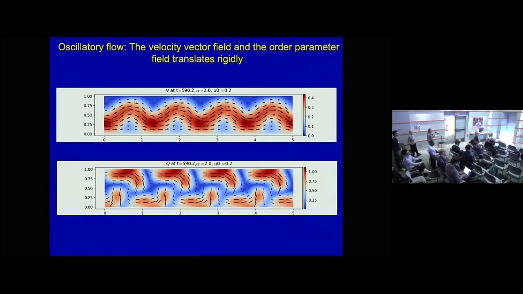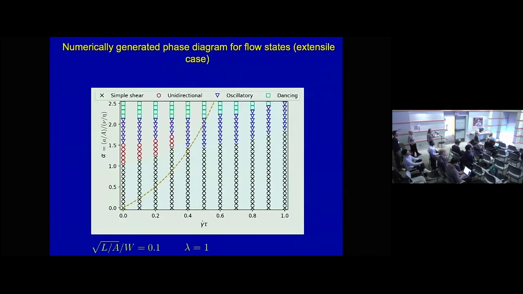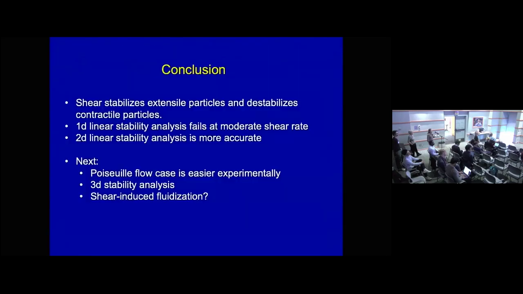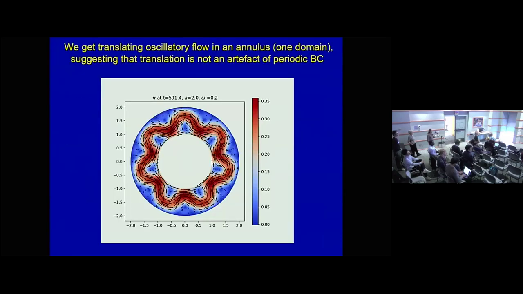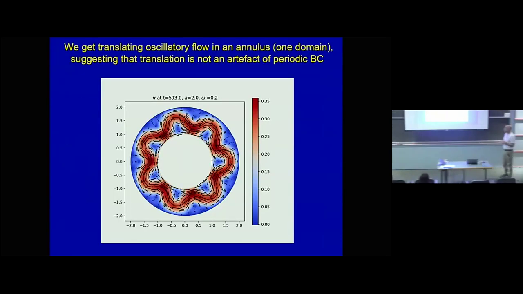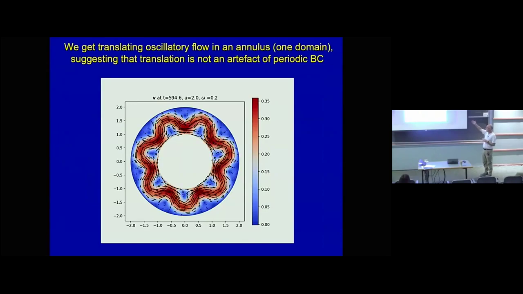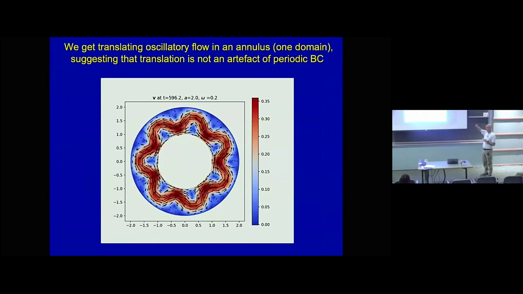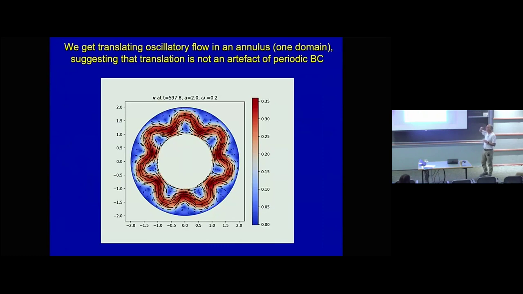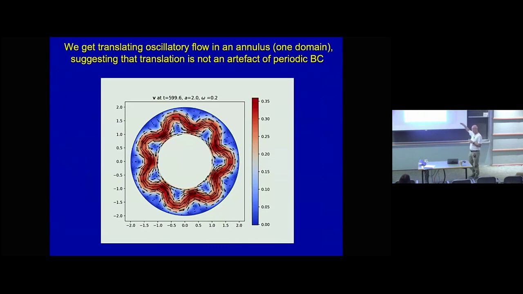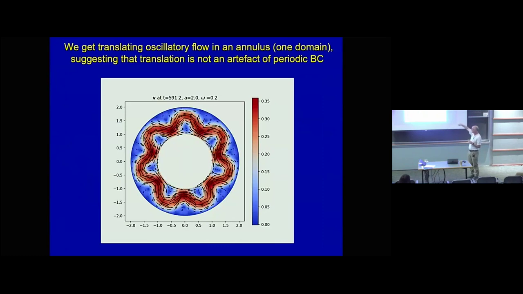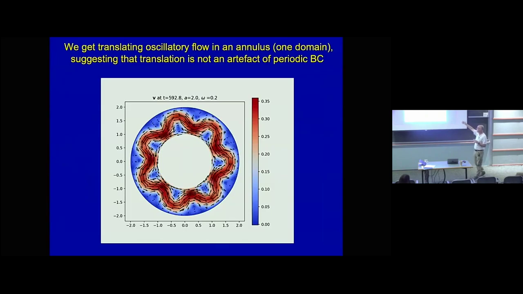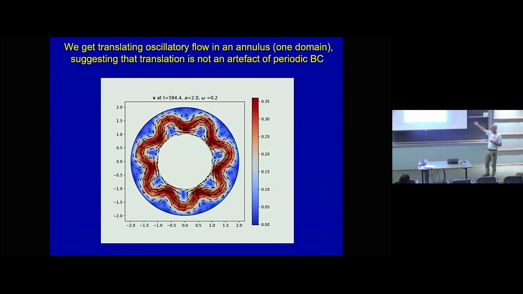That's actually why we did the annulus, because there we had a single domain with no periodic boundary conditions. The wavelength seems to roughly be set by the gap. Here, you have to get an integer number to fit in, but not always.